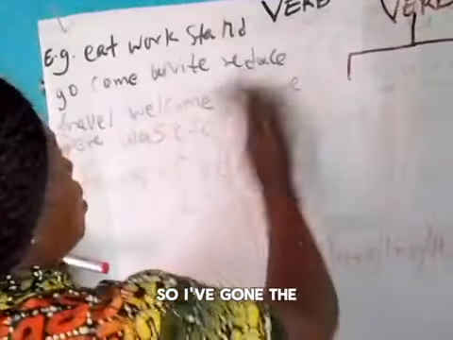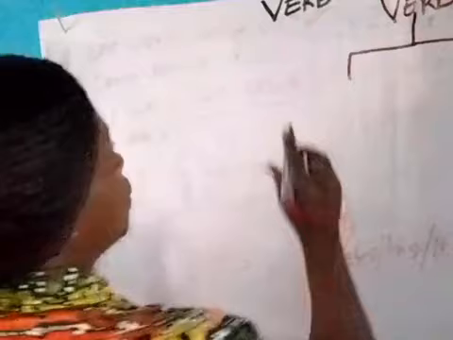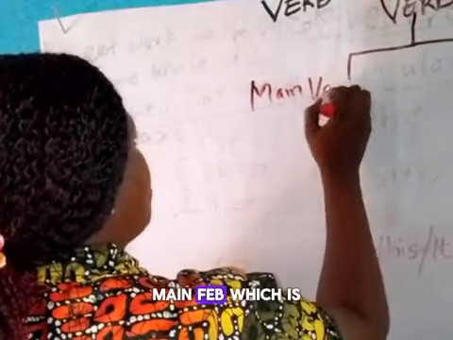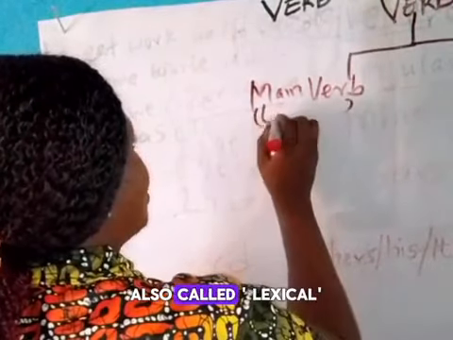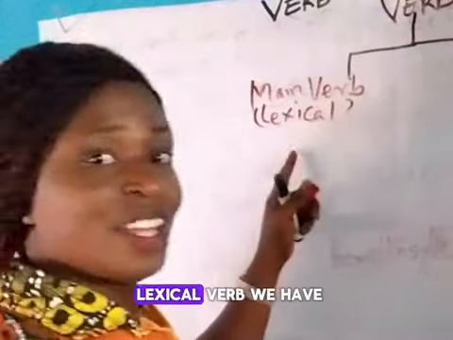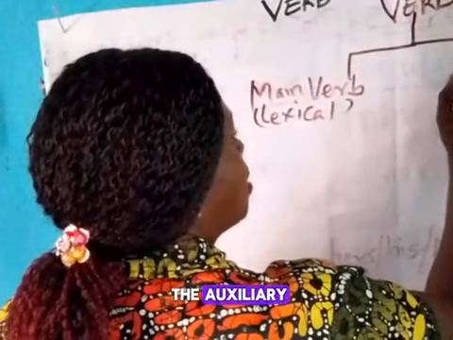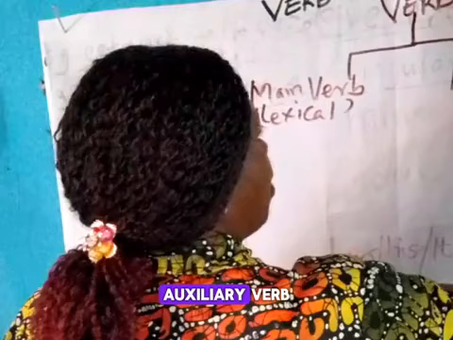So we have gotten the types. We have the main verb, which is also called the lexical verb. We have the auxiliary verb.